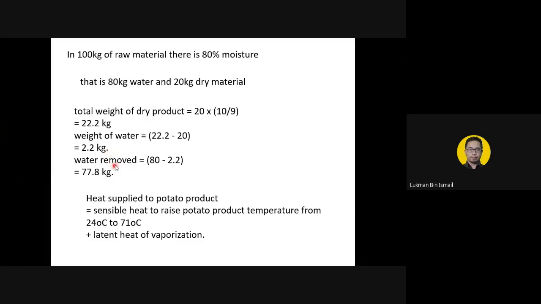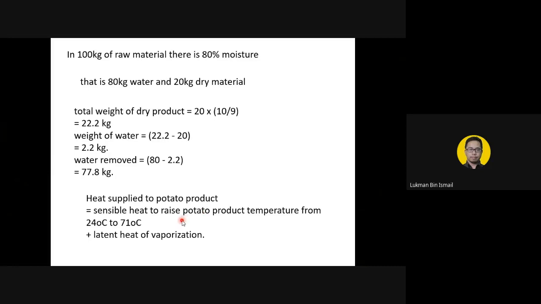So the amount of water that is being removed is 80 minus 2.2, which is 77.8 kilogram expelled out of the potato.